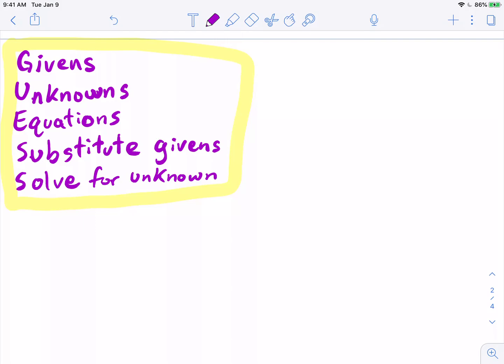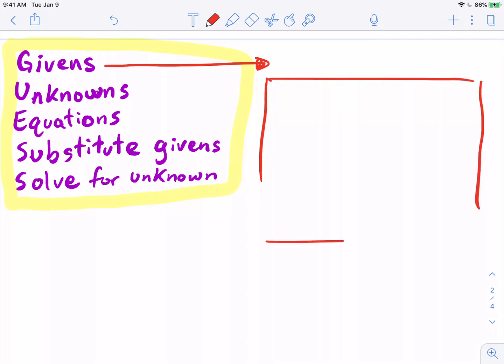Now, here's how we're going to walk through this process. The first thing we're going to do is we are going to list our givens. Now, here's how you list your givens in kinematics, okay? In kinematics, you really have to separate your variables to vertical and horizontal. And to do that, what I do is I create a givens table. I do this every single time.